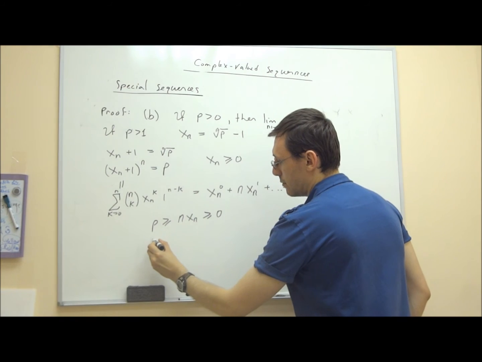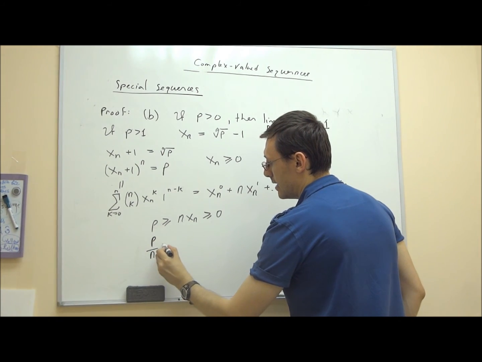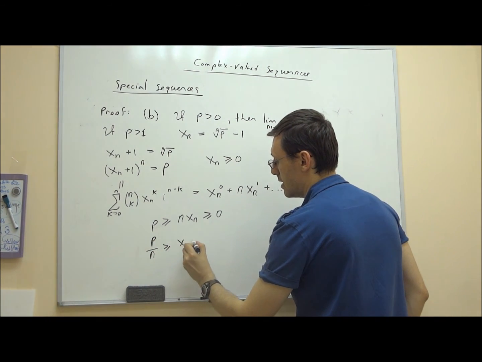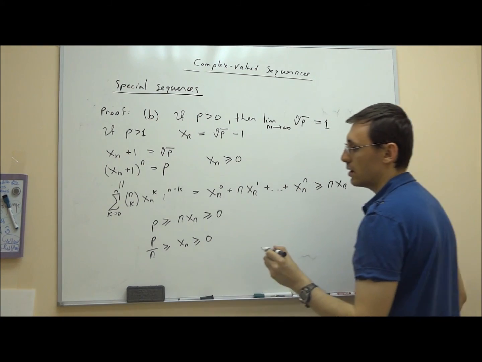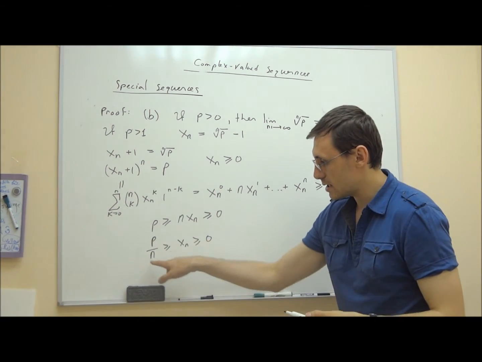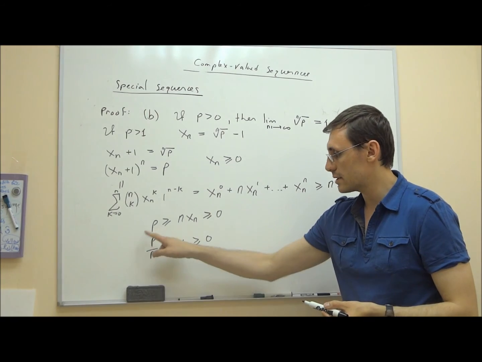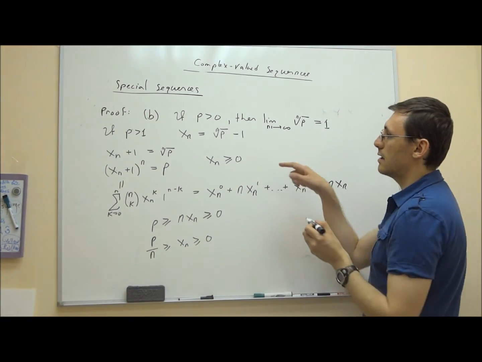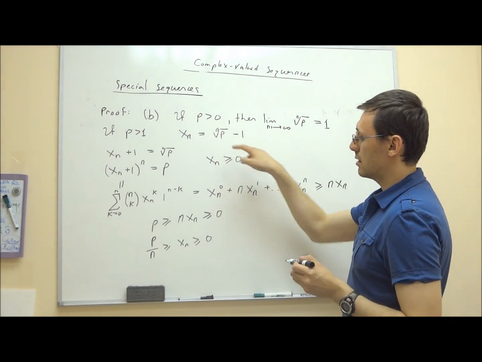So dividing by n, we have that p divided by n is always bigger than or equal to xn, and this is always bigger than or equal to 0. So now again we apply the squeeze theorem. This is a very simple limit. This goes to 0. And xn is this number, right?